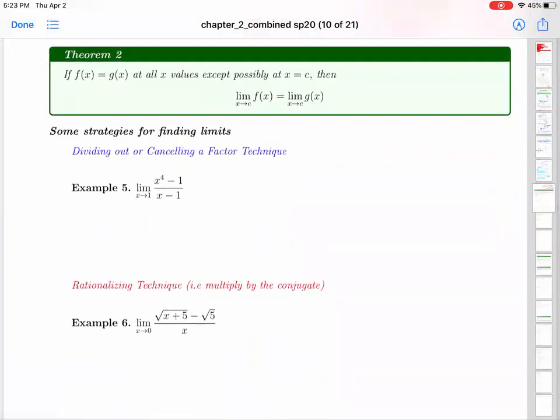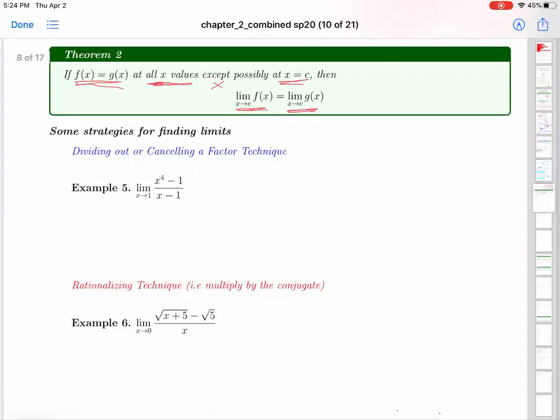Theorem 2 says that if two functions f of x and g of x are equal to each other at all x values except possibly at c, so they agree on most values except one or a few, then the limit of f of x as x goes to c is the same as the limit of g of x as x goes to c.